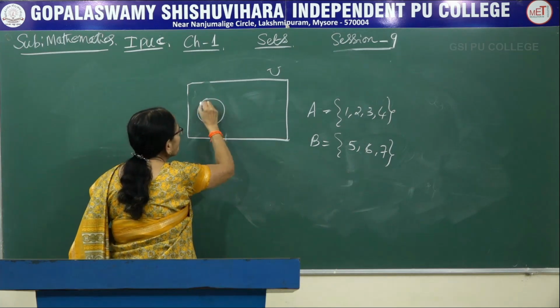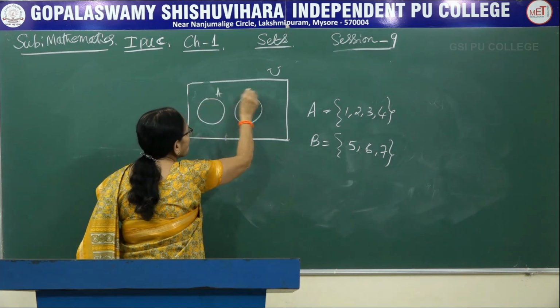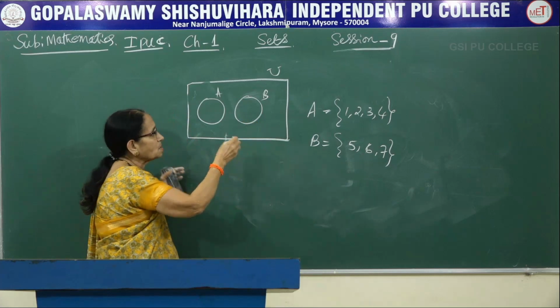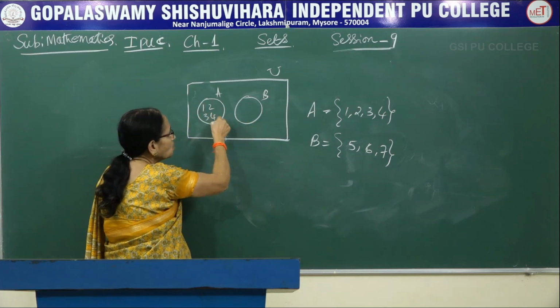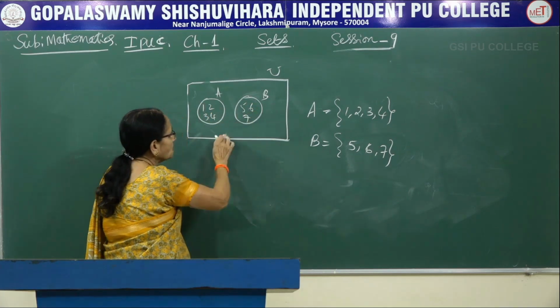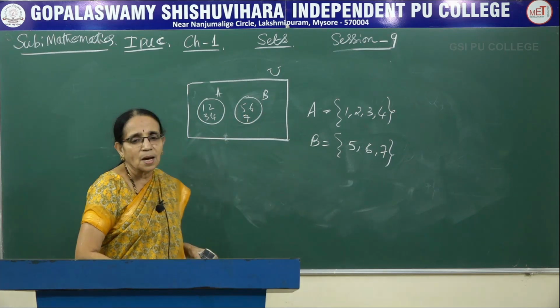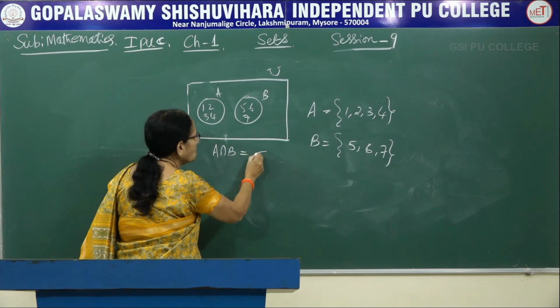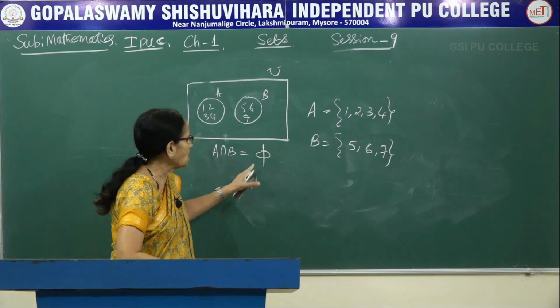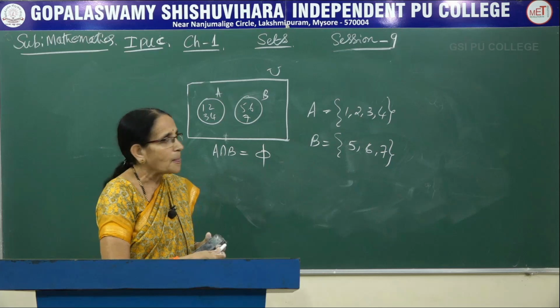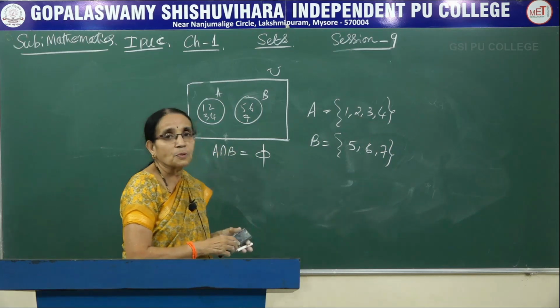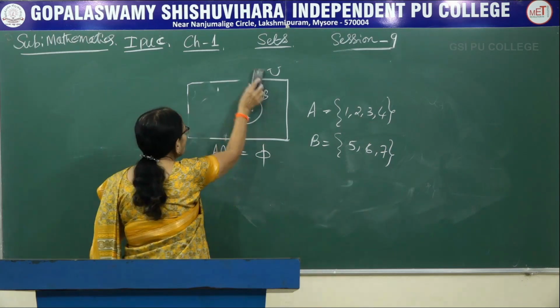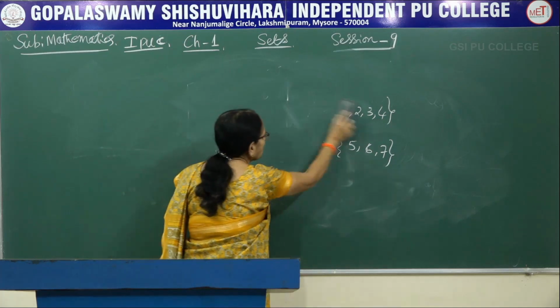So write A here, write B separately, because they are not at all intersecting with each other. 1, 2, 3, 4, 5, 6, 7. That clearly shows that A intersection B in this case is a null set, or you can use the empty brackets, or you can use the notation phi. This is the way we represent the intersection with the help of the diagram.